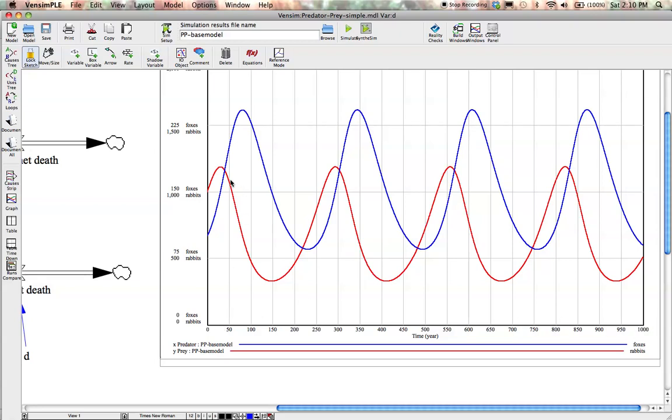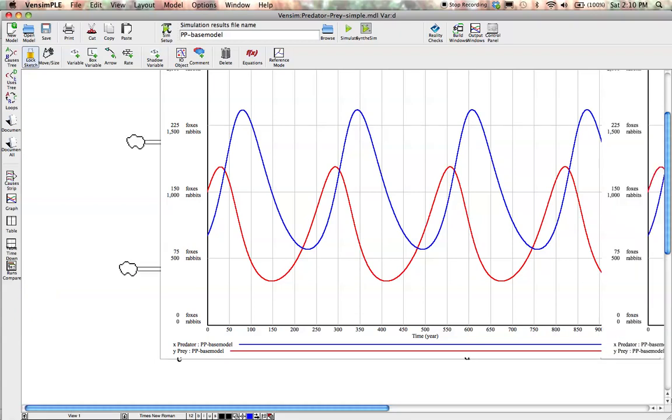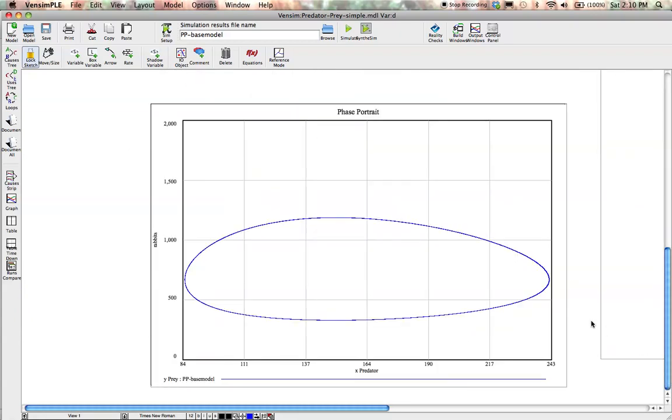Each data point has a value for the population of foxes and a value for the population of rabbits. You can plot those two together, and what's generated is this phase portrait. And then what you can see is this cyclical behavior, an elongated shape that denotes sort of 4 areas.